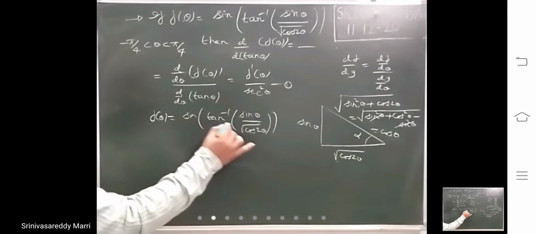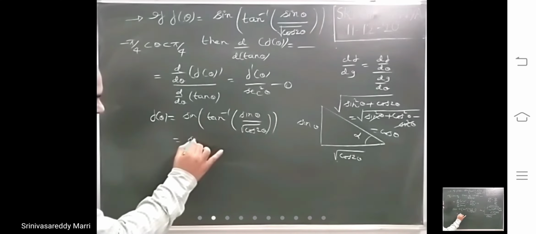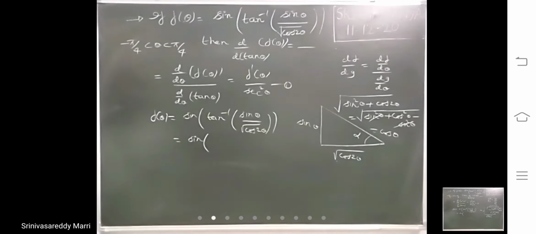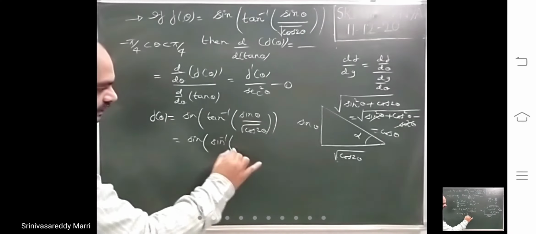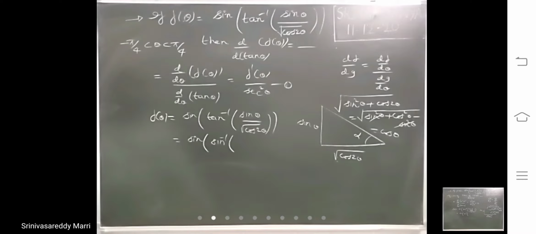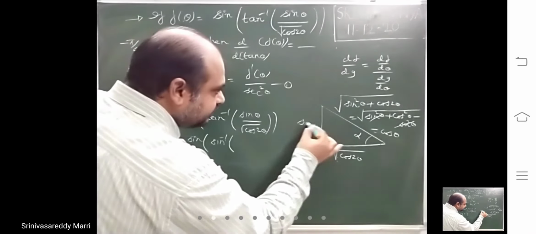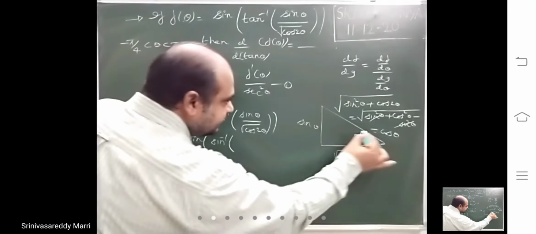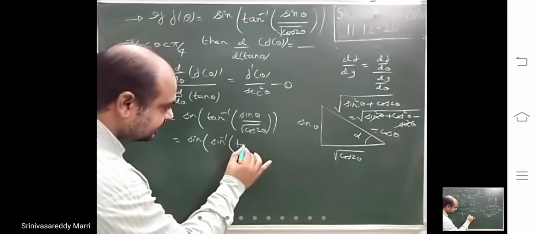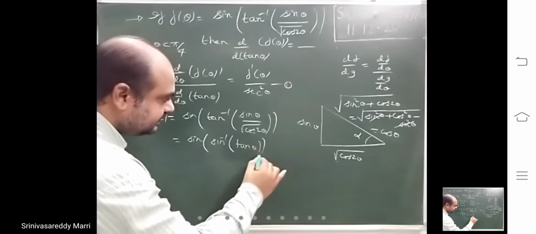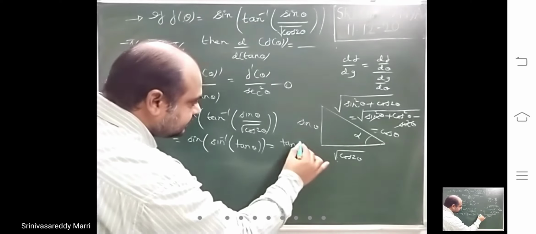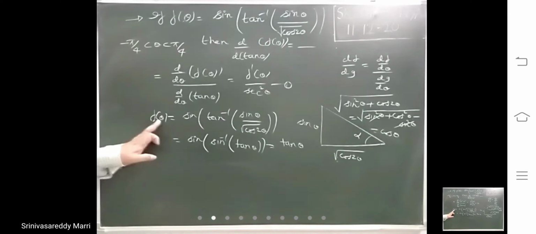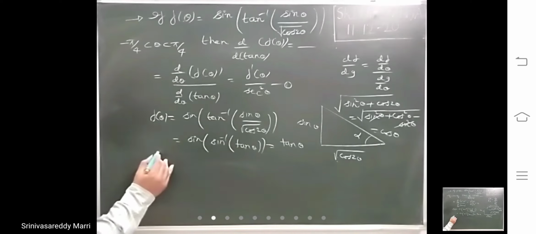That means this tan inverse can be written as sine inverse of opposite divided by hypotenuse. Sine theta by cos theta is nothing but tan theta. That means sine of sine inverse x is nothing but x. So f of theta is what? Tan theta.